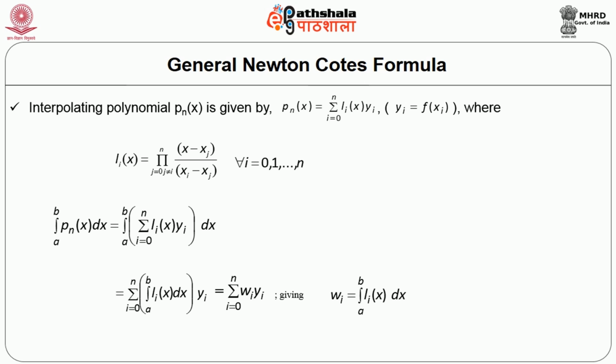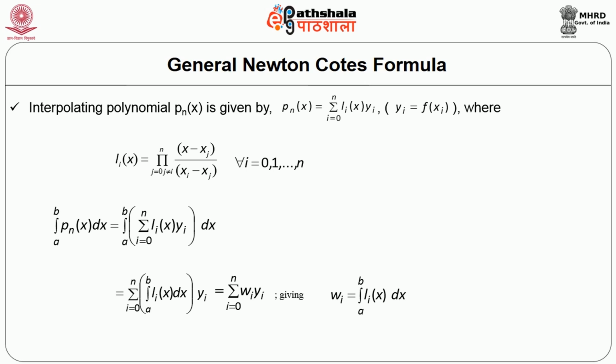The integral from a to b of Pn(x) dx will be our approximation for the integral. And so this integral from a to b of Pn(x) dx needs to be written as sigma wi yi. So sigma wi yi, i running from 0 to n, is equal to the integral from a to b of Li(x) yi dx.